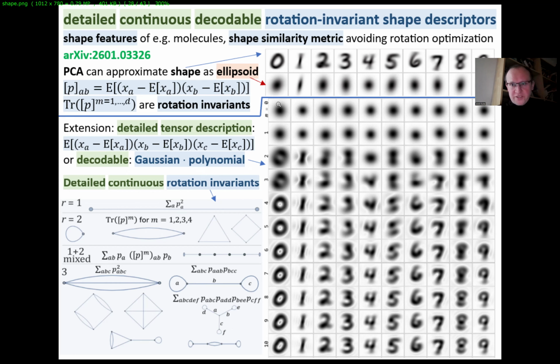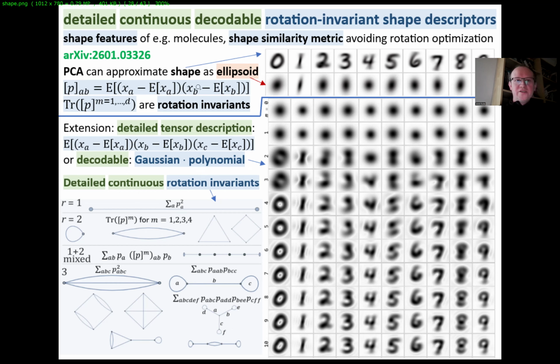Here there's Gaussian times constant, times the order 1 polynomial, order 2, and we can see that for order like 5 we can recognize the minus digits. So this way we get a description of a shape as a polynomial of chosen degree. And now we'd like to build rotation invariants from them.